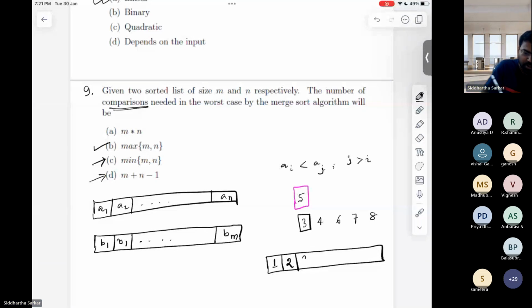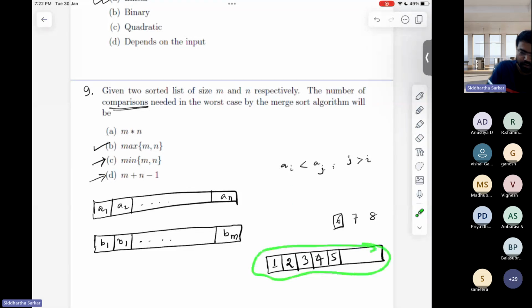I mean, get 3, 4, and then at this point you have 6. These things are all gone. So at this point you realize that 5 is smaller than 6. So at this point you're left with only one partial array. The other array is already consumed within the result. So this one is already sorted. We just copy them into the result.